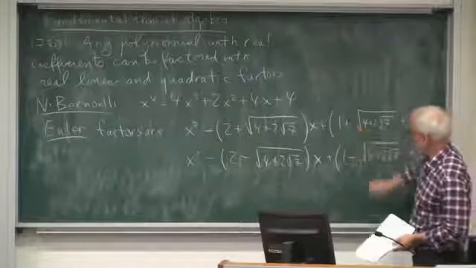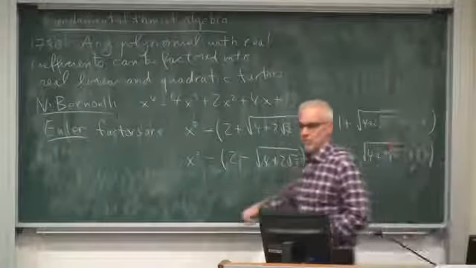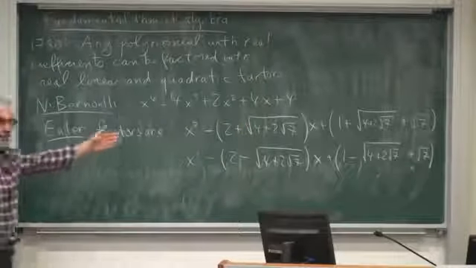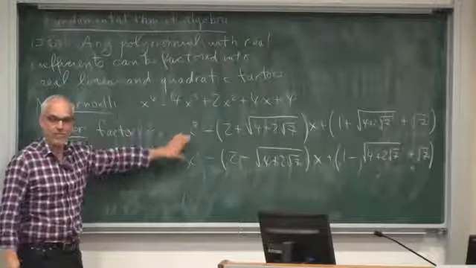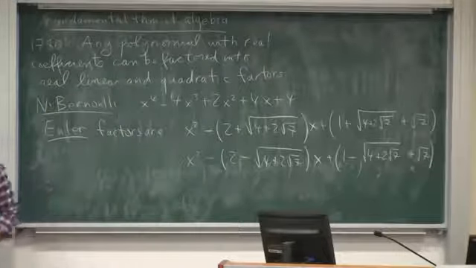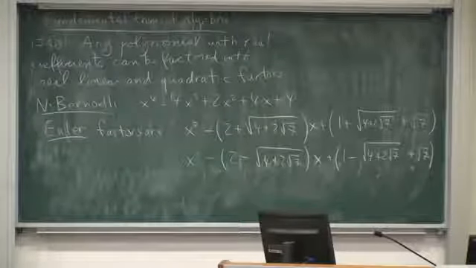So the difference is the plus going to minus there and there. So here are two quadratics, and if you have nothing else to do tonight, you can check that Euler was right by multiplying this one with this one, and hopefully all the complexity will disappear and you'll just be left with that relatively simple quartic polynomial.